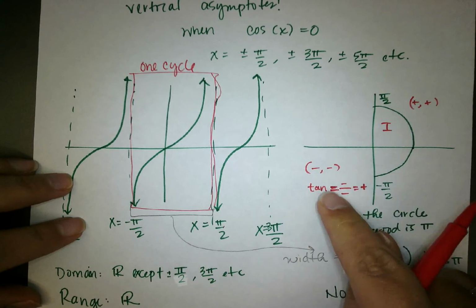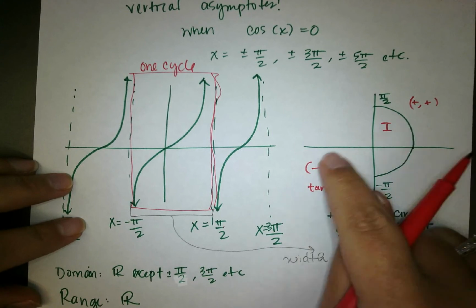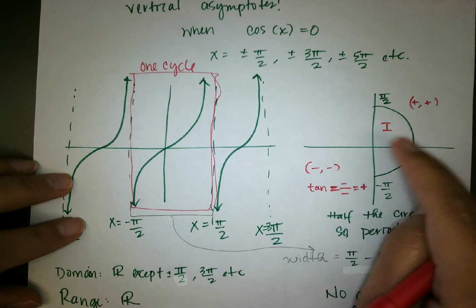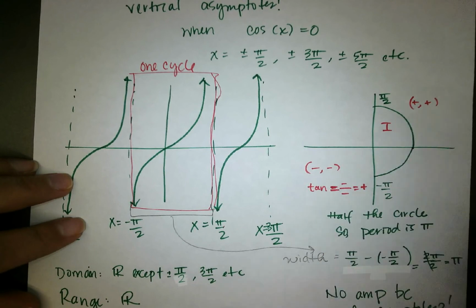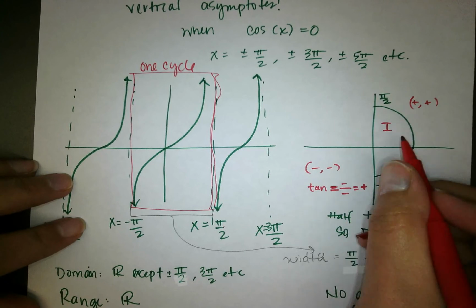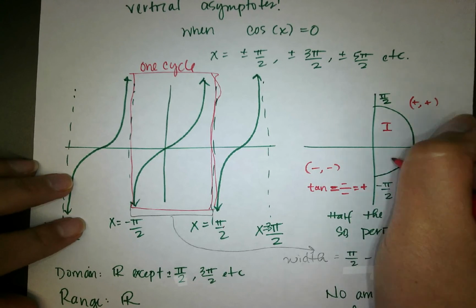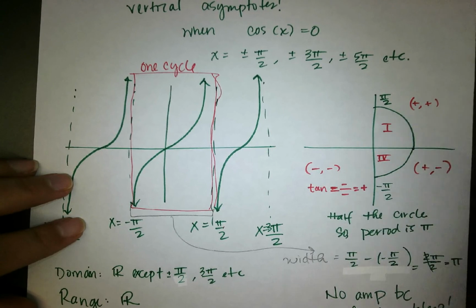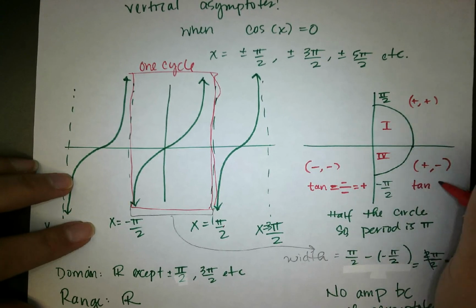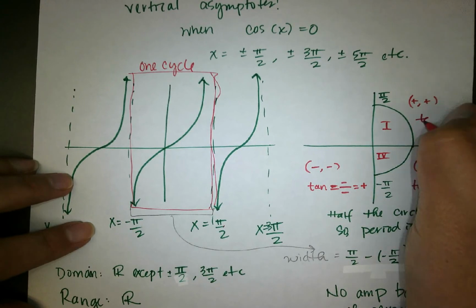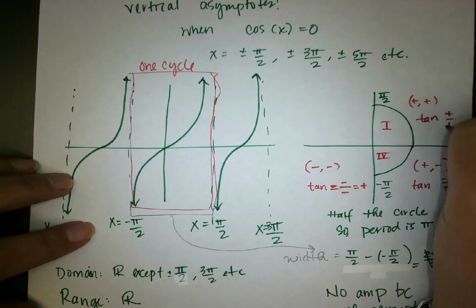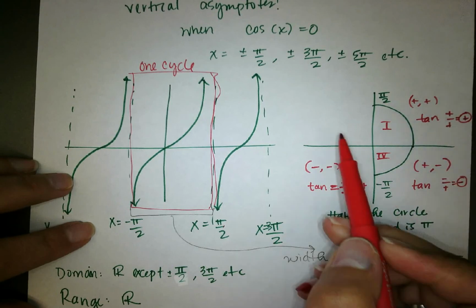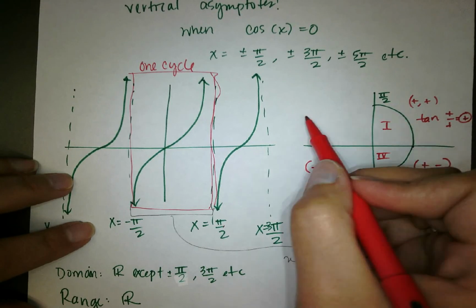So these are the same outputs as quadrant 1, and you don't need to count quadrant 3. Then down here we're going to use quadrant 4, because this is positive and negative, so your tangent will equal a negative over a positive, which gives you a negative. In quadrant 1, tangent is positive over a positive, which gives you a positive. So you don't need to count quadrant 2.